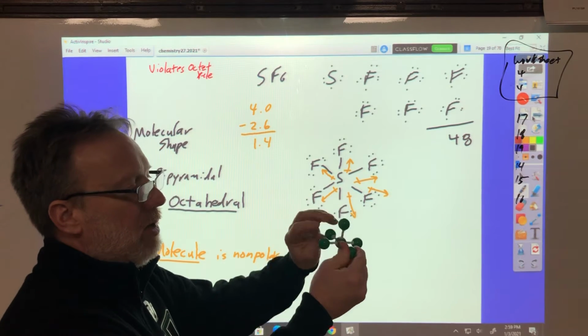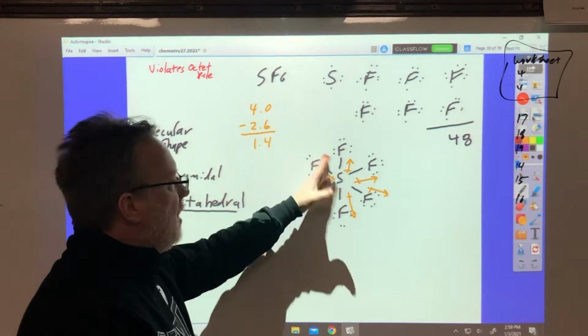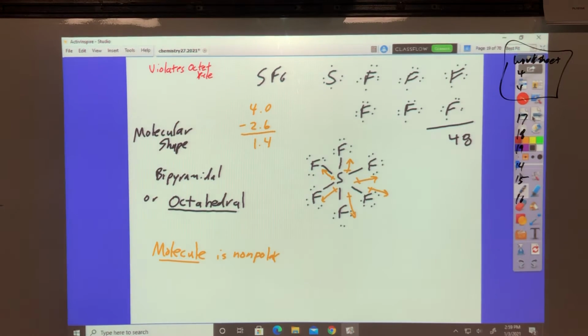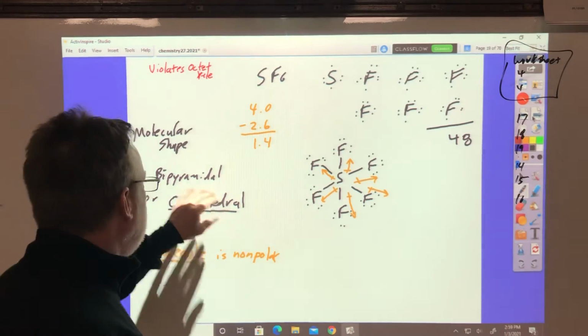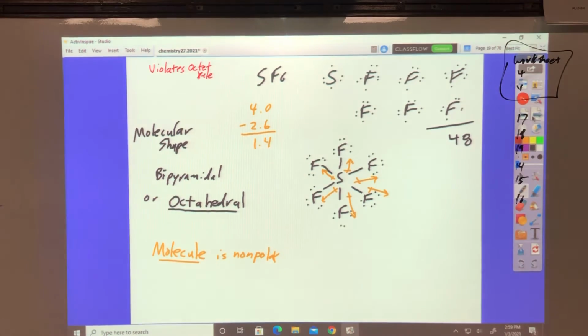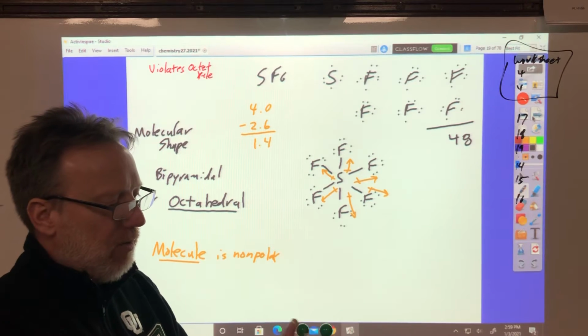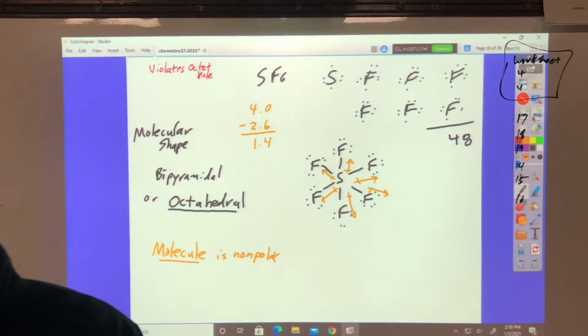So no matter how you look at that one, SF6, all the dipoles cancel, and the molecule as a whole ends up nonpolar again. That shape, though, for this section is octahedral. It's an 8-sided figure. If I could connect these, I'd have 1, 2, 3, 4, 5, 6, 7, 8 surfaces.